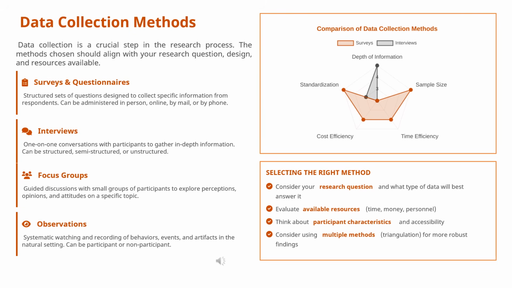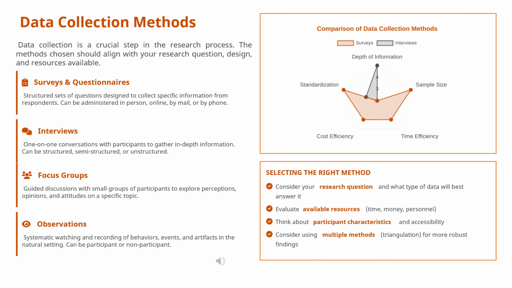Observation involves systematically watching and recording behavior or events. Most of the ones that we've discussed have to do with primary data collection. And finally, we have secondary data analysis or collection, which involves using existing data collected by others, such as a health record or national survey.